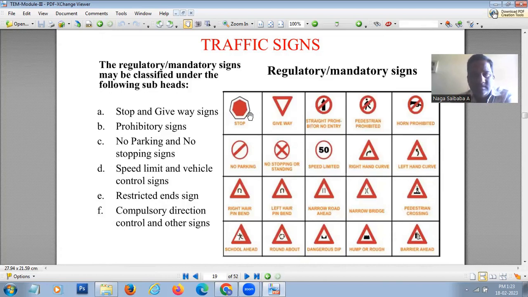See, this is stop, which is an octagonal shape, and this is give way, inverted triangle shape.